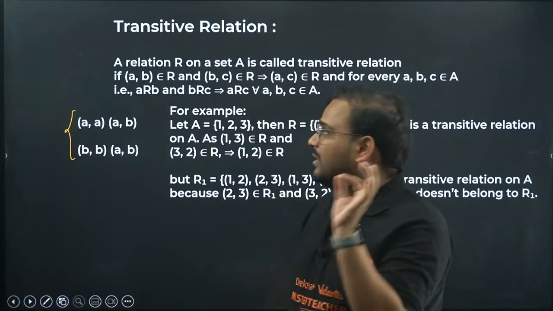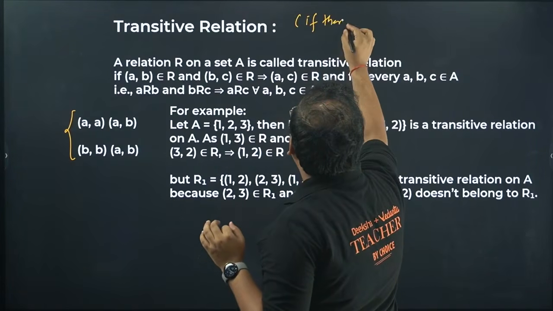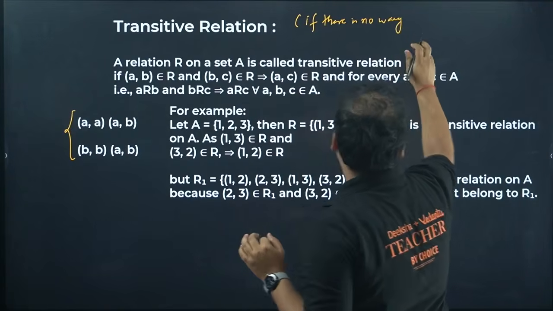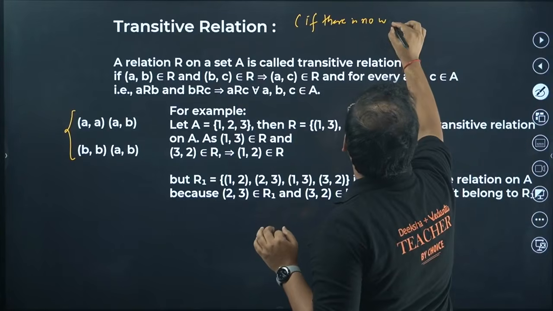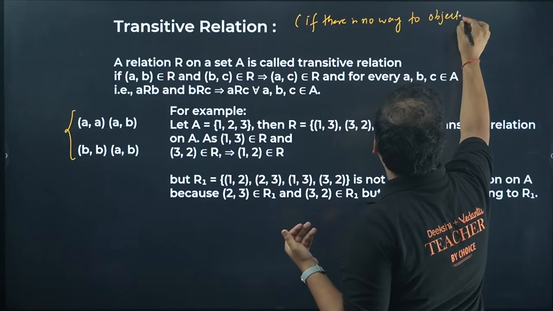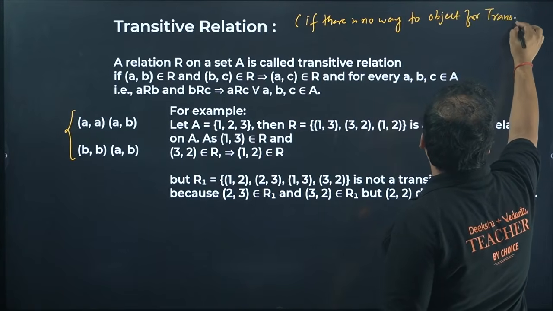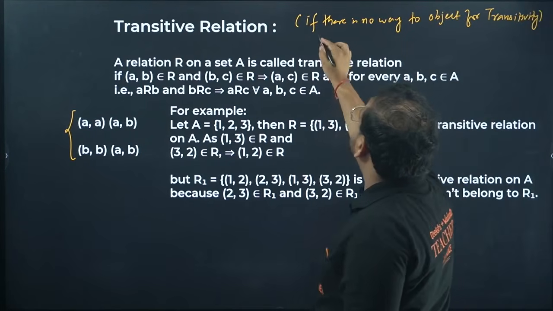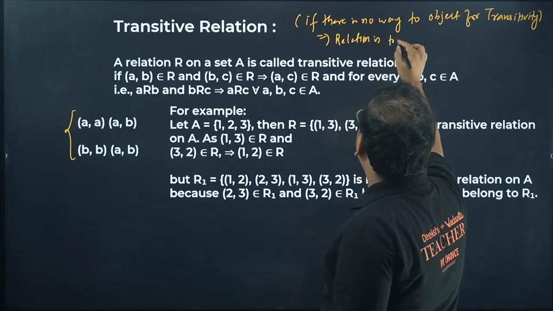Right now, one thing I want to mention: if there is no way, meaning there are no possibilities, to object to the transitivity, it means the given relation is transitive.